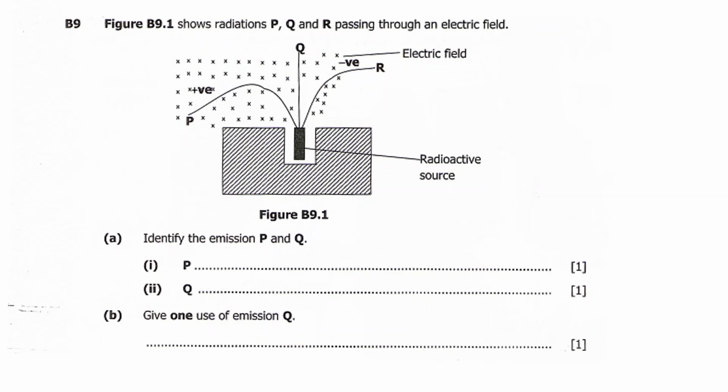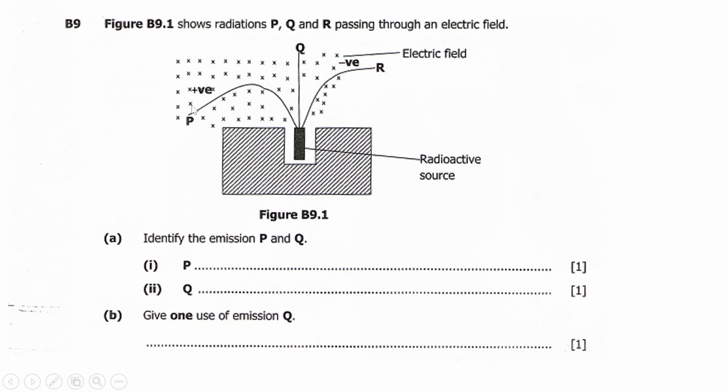Figure B 9.1 shows the radiations P, Q, and R passing through an electric field. So this figure that we have here is figure B 9.1. What we are told is that there is radiation P, Q, and R, which is passing through magnetic fields. So these are magnetic fields that are going into the page.